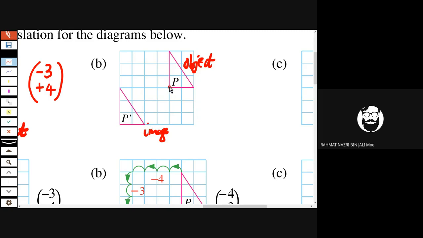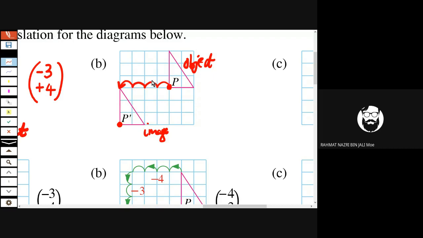Let me take this corner, this point. This is this point, and then the image for this point is located here. So let me move this point, 1, 2, 3. Untuk objek kita ambil satu point saja, so the rest will follow lah, yang sama saja.